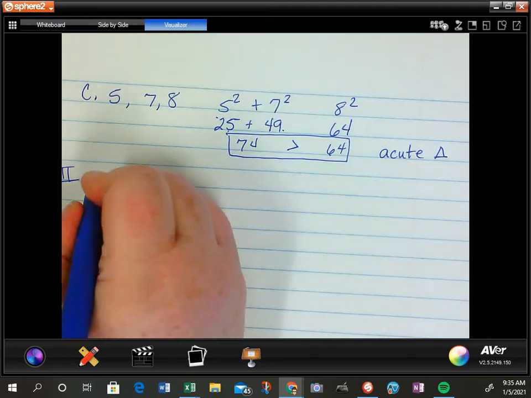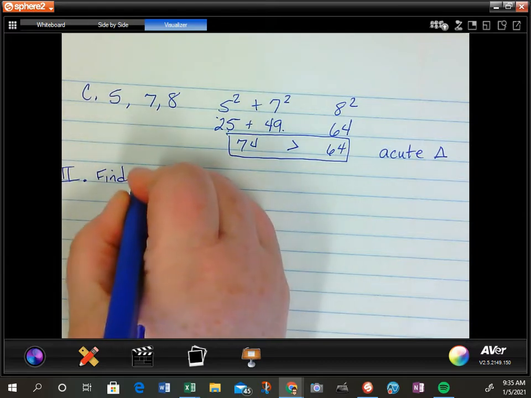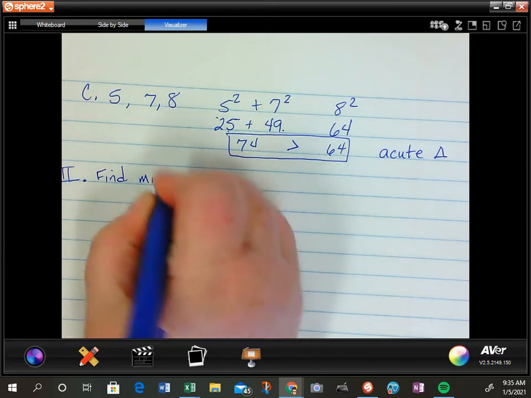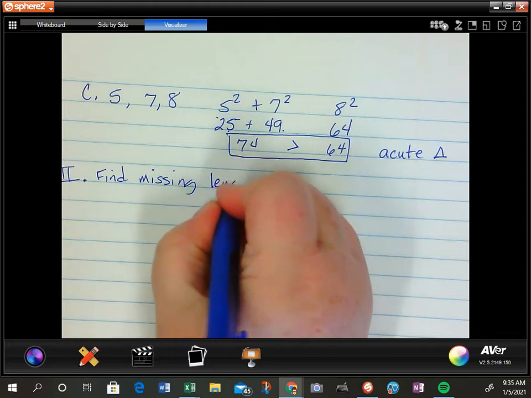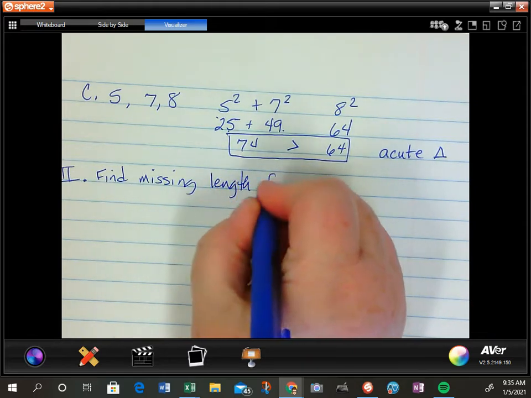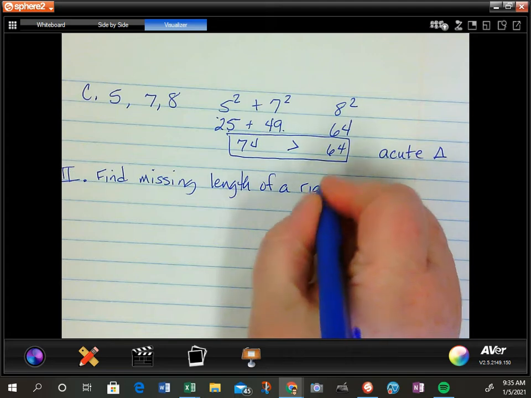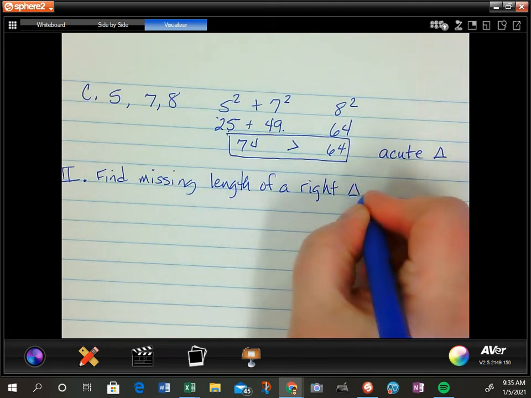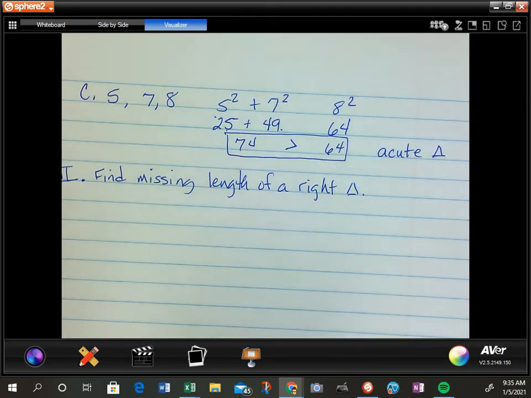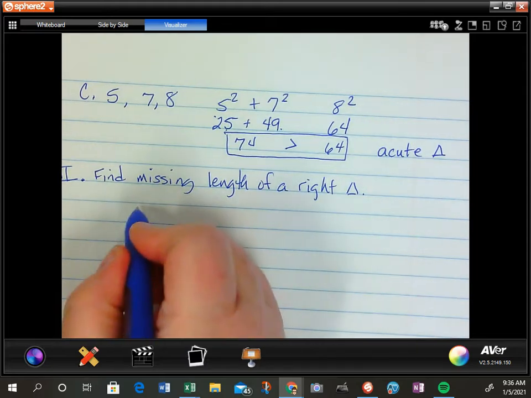Finding the missing length of a right triangle. First, we need to know some parts of the triangle.